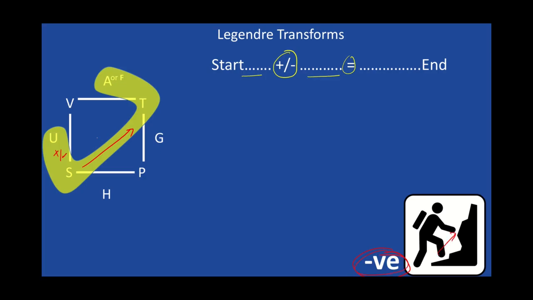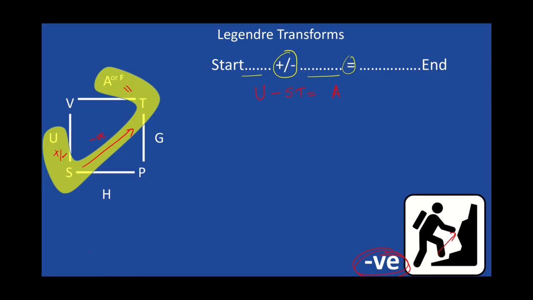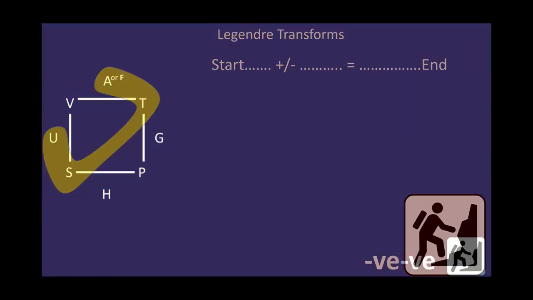So if you write this, U minus ST equals A. So thus we can get the first equation.